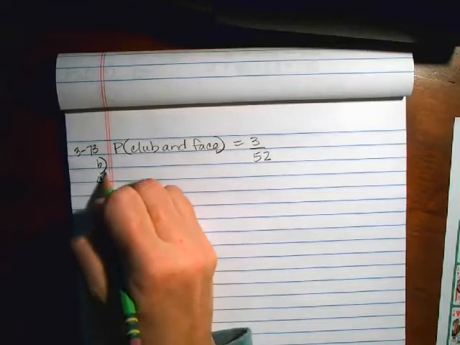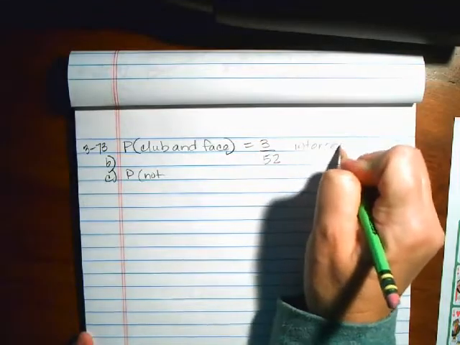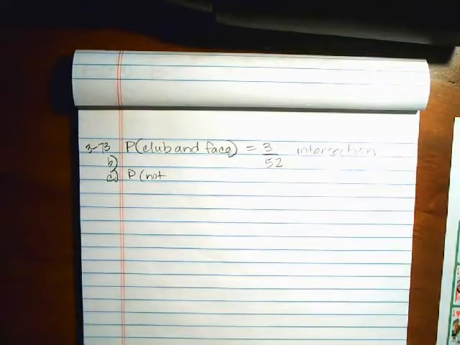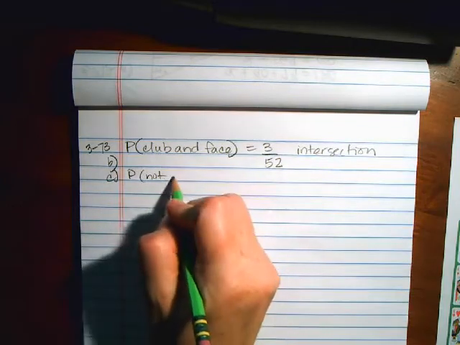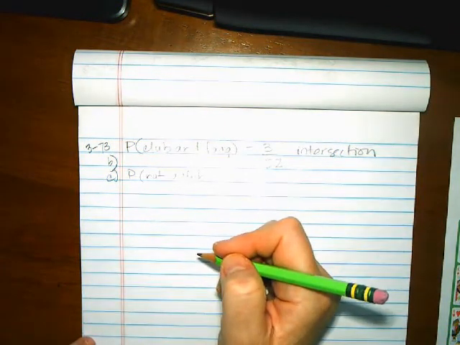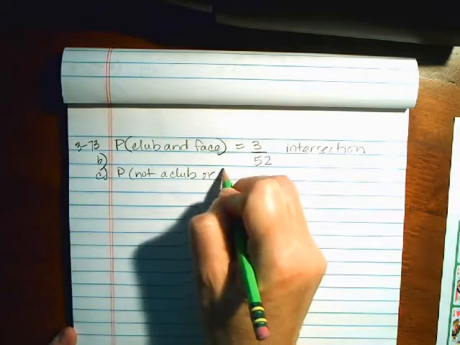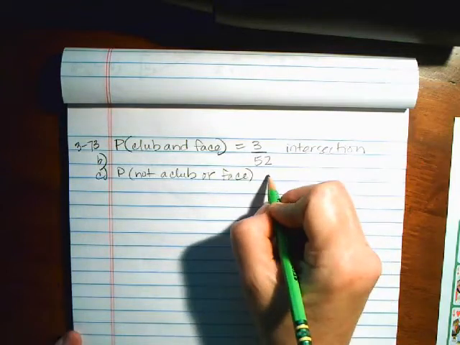So for C, not, let's see, this last one was intersection. So not a club. Let's see if this is a little bit better. It was better before. So not a club or a face card would just be your total.